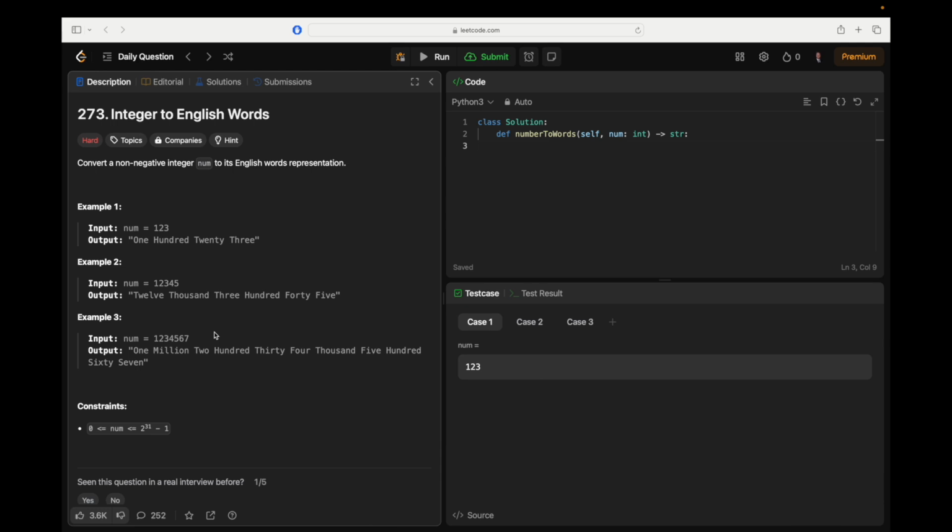You just say 1,000,000. So maybe this is kind of skating around a central concept. But first, let's just say if num equals 0, return 0. So that's the only situation where 0 pops up.